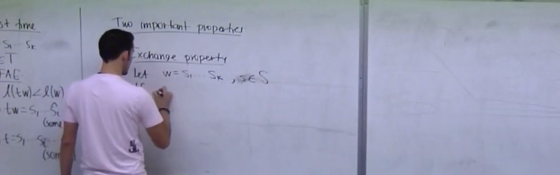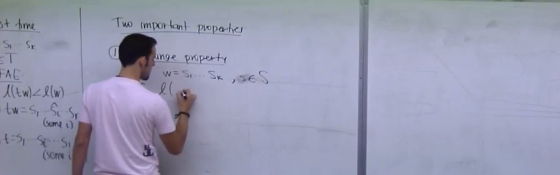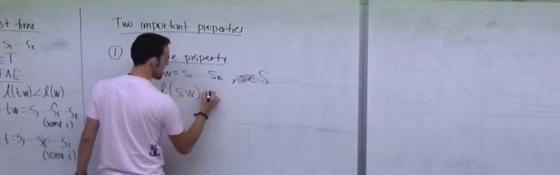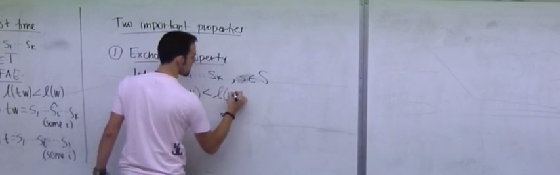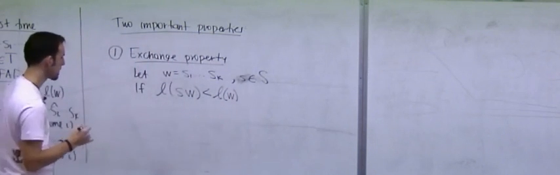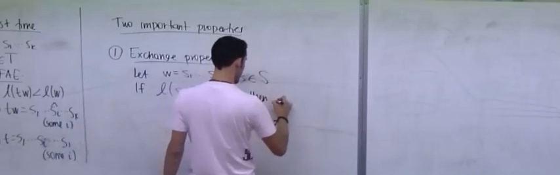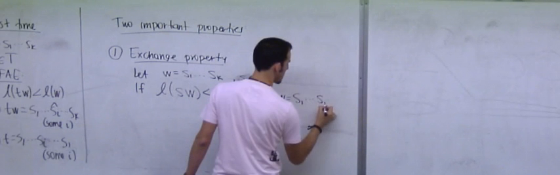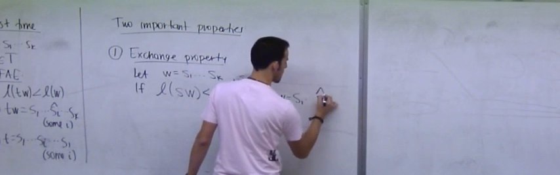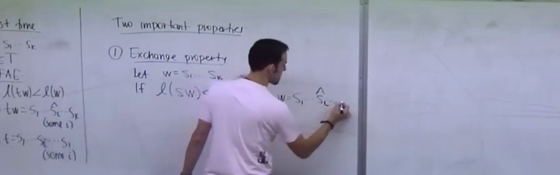Suppose that when you multiply W by this generator, you make W shorter. Then you can obtain SW by just removing one of the s's in this expression.